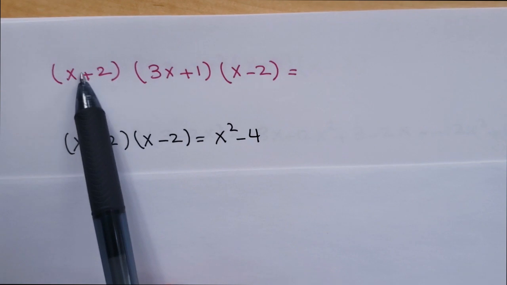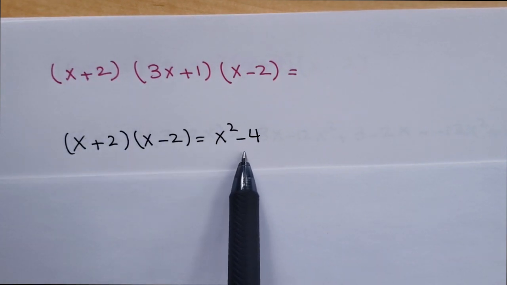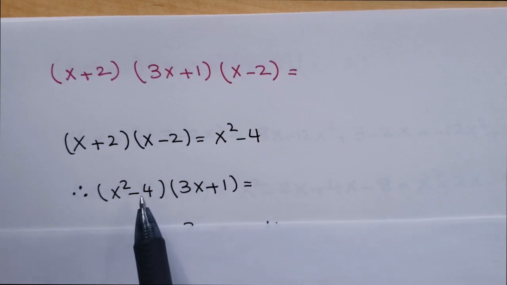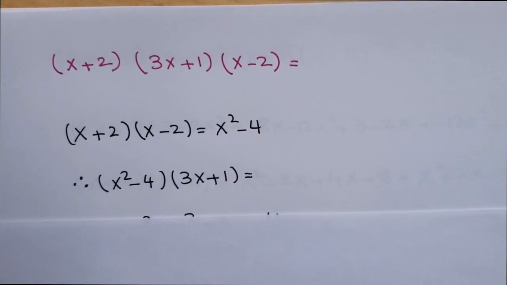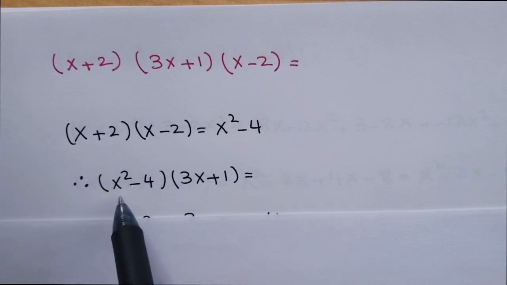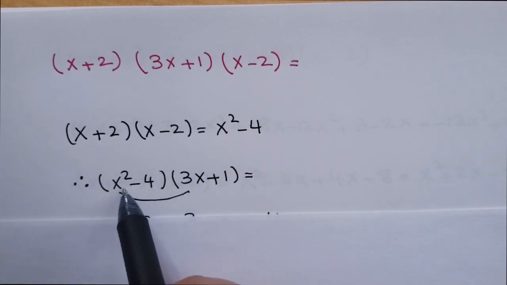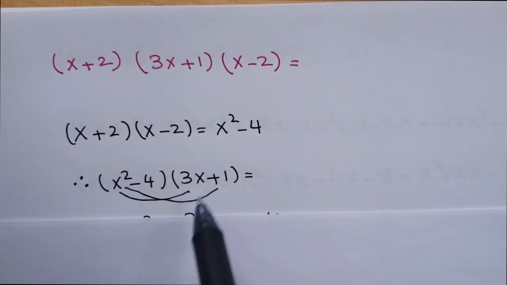Then these two will be replaced by x squared minus 4, and then you multiply it by the other bracket, which is 3x plus 1. So three brackets are reduced to two brackets in one single easy step. From here you can do the FOIL. So x squared multiplied by 3x, and then x squared multiplied by 1.